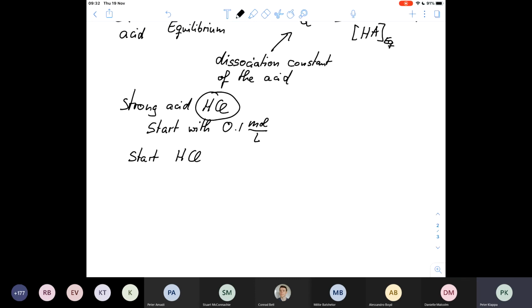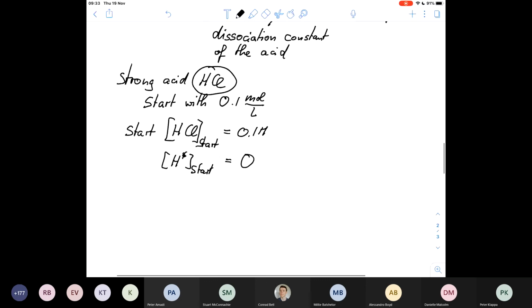We have HCl at the start, and I indicate that here with start, equals 0.1 molar. Proton concentration right at the start is 0, because we are right at the start, a picosecond in, so nothing has happened. And of course, the chloride ion concentration at the start is also 0. Does that make sense?